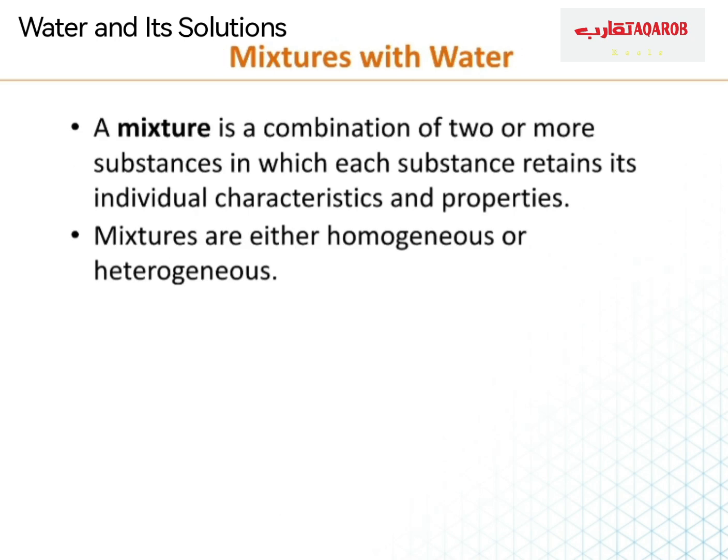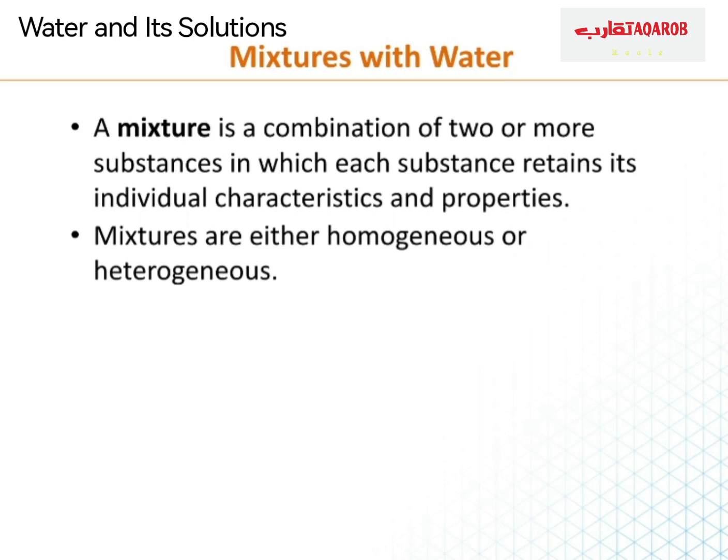Let's now start with a mixture. What do you mean by a mixture? A mixture is a combination of two or more substances in which each substance retains its individual characteristics and properties, and it is either homogeneous or heterogeneous.